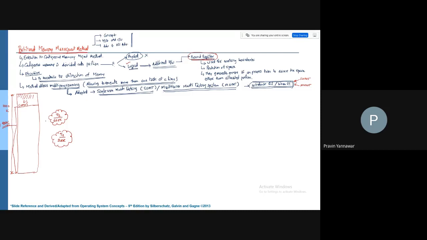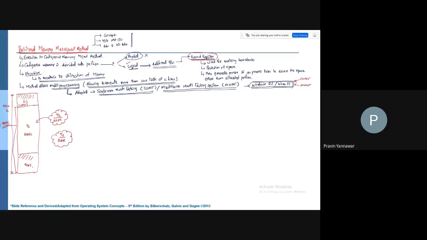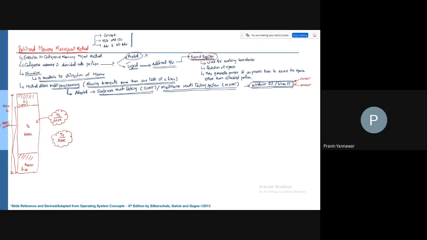In this case, as far as single contiguous memory management is concerned, only T2 is allowed, at 600K. The remaining is free, say 300K. Here the question is, if this 300K is free, can we accommodate T3?